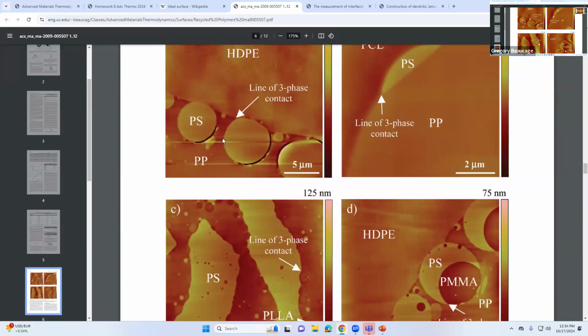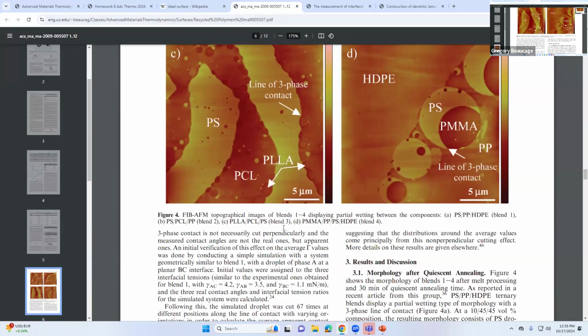But all this is governed by the interfacial tension. So the surface tension of all these phases with respect to each other, like polystyrene, high density polyethylene, interfacial tension, polystyrene, polypropylene, interfacial tension, polypropylene, high density PE, interfacial tension. So depending on what those numbers are, you can get all different kinds of setups going on with this.